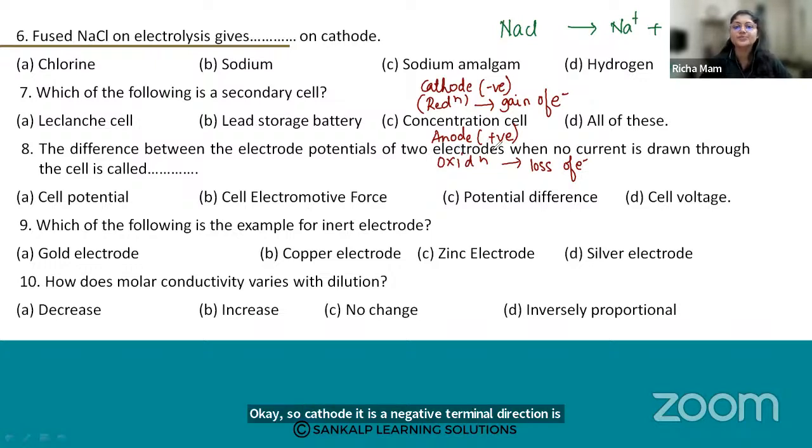Anode is the positive terminal, oxidation takes place, there is a loss of electrons. So what will happen at cathode? Sodium will be deposited at cathode.